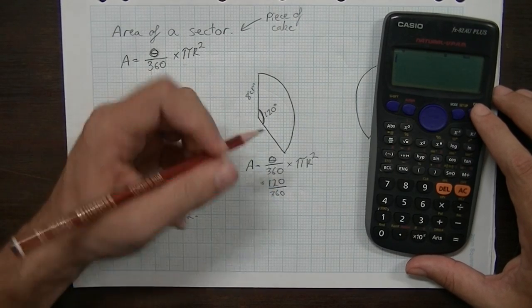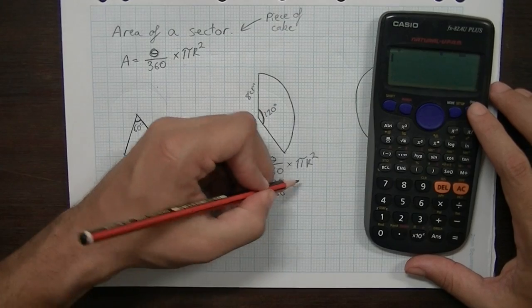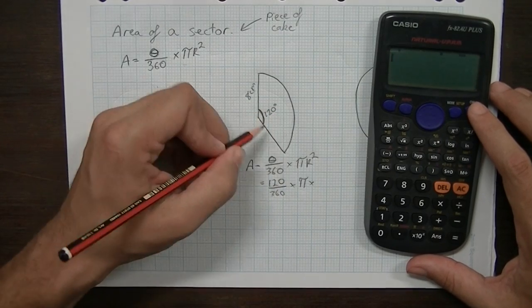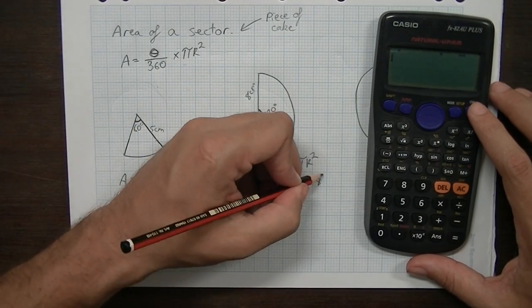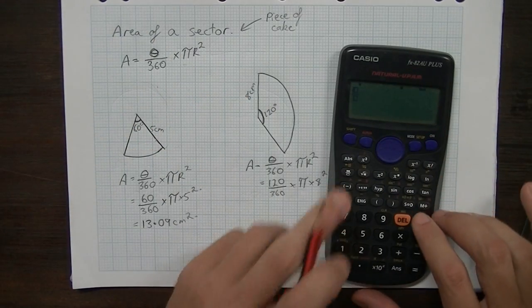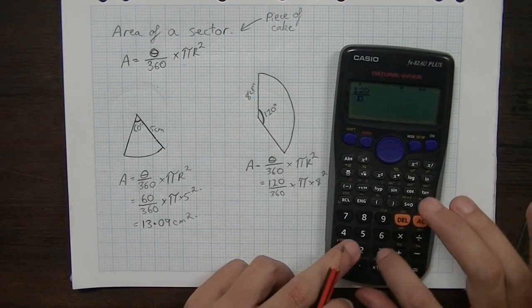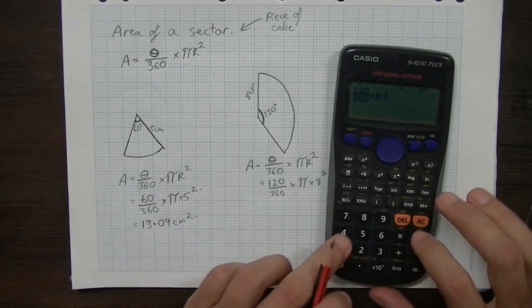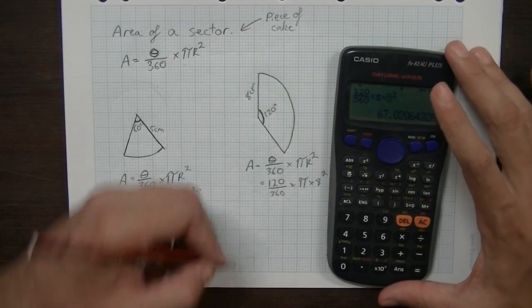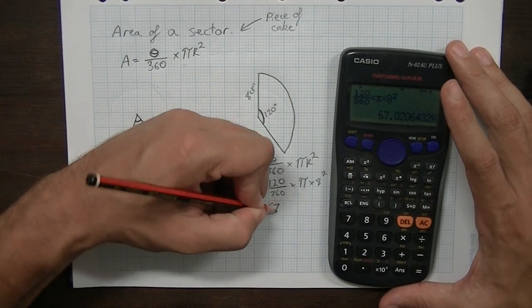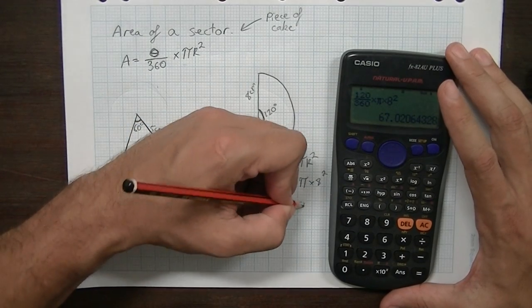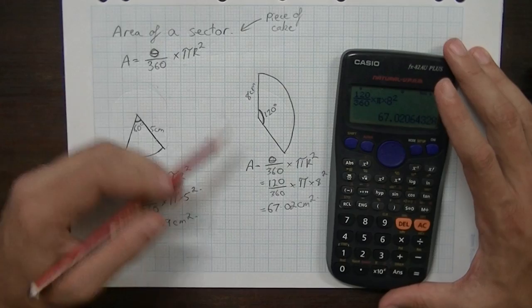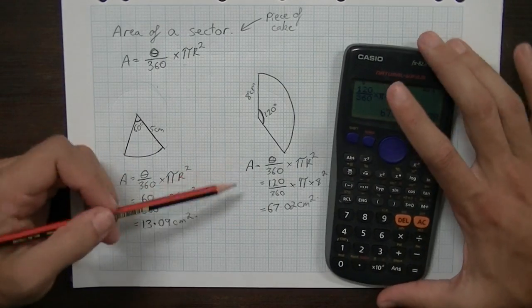Always over 360 because that's how many degrees are in a circle. Times pi times r, which is 8 squared. Now again, you can type that straight into your calculator, 120 over 360 times pi times 8 squared. We get 67.02 centimetres squared. Remember, it's an area, so it's squared.